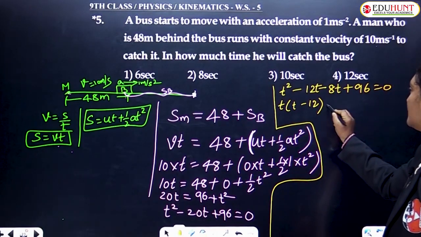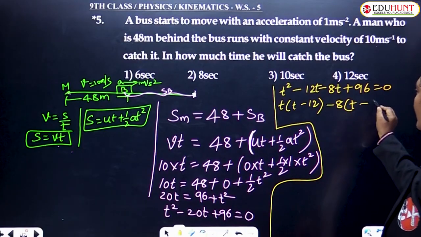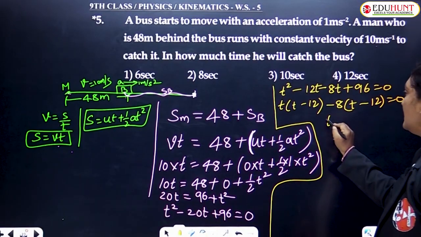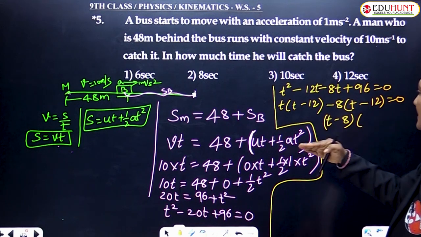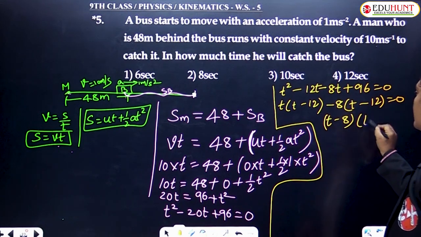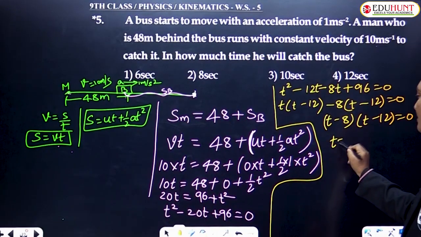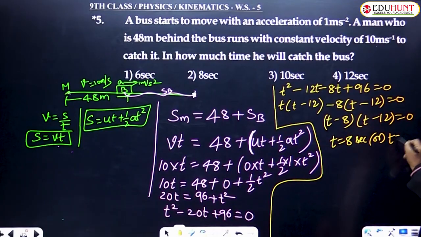And here, if you consider minus 8 as common, then you are left with t minus 12 again. So take out t minus 12 common, you are left with t minus 8 into t minus 12 equals 0. Hence we found the value of t as either 8 seconds or 12 seconds.